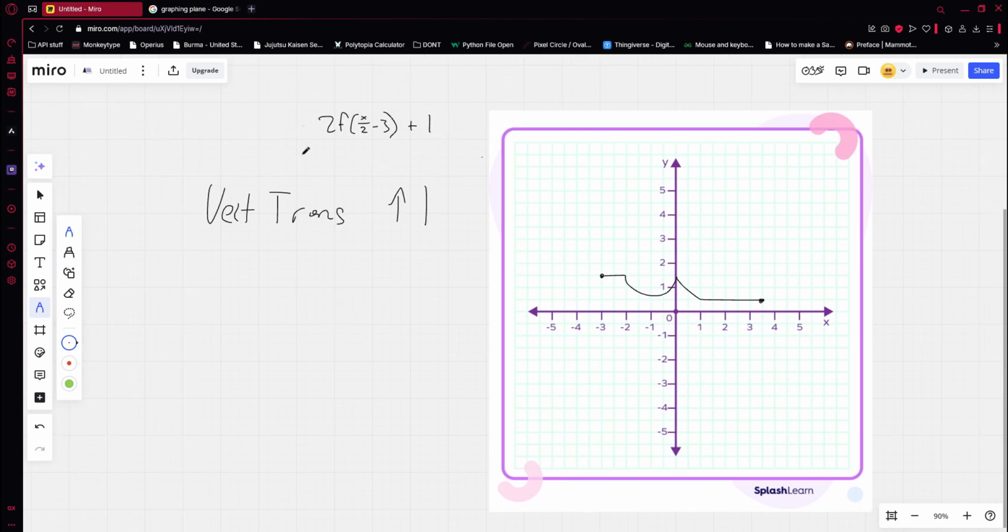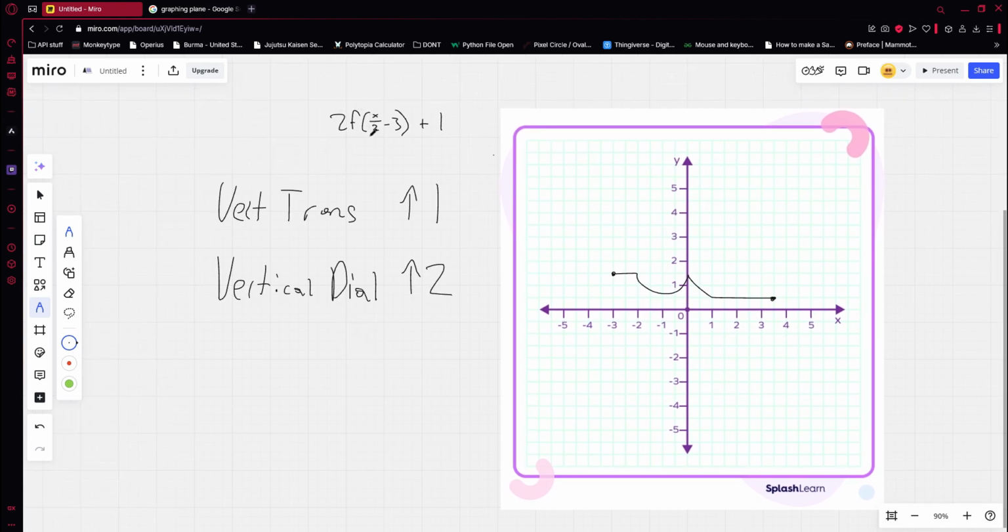Now we have a vertical dilation right here. This 2 is a vertical dilation, and we are dilating by a factor of 2.